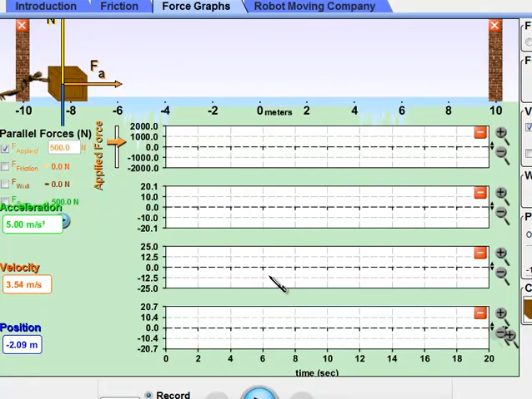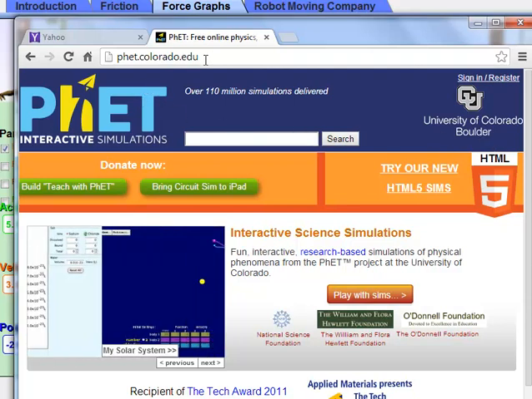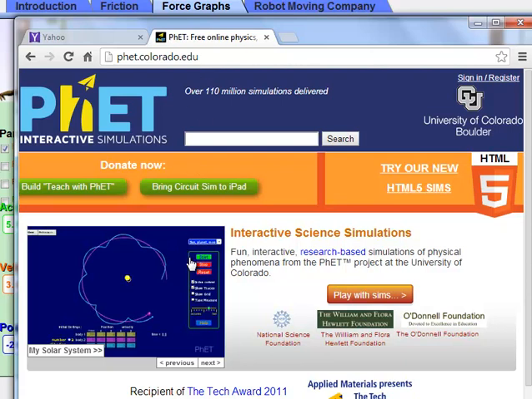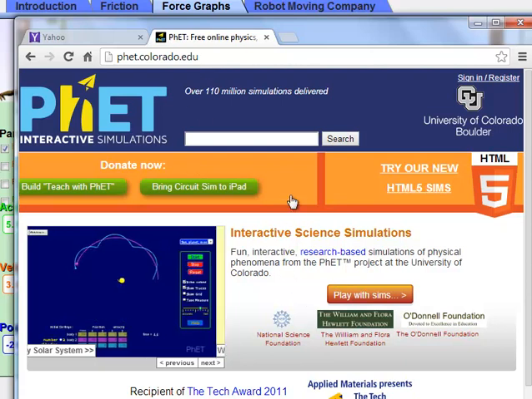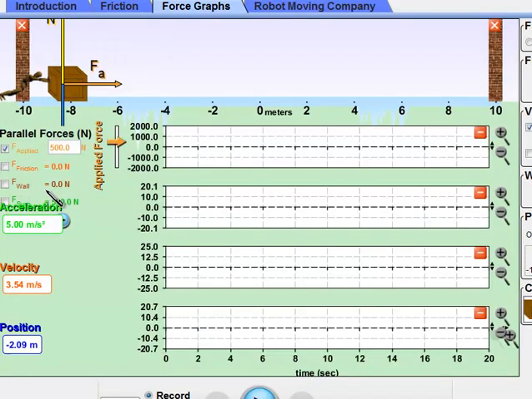To help us better understand this, we'll use this applet made by the good people at the University of Colorado, Boulder. Excellent website, really great applets that allow you to better understand the various phenomena that you might encounter in the course of your studies. What we have here is a crate, and we have some forces acting on that crate.